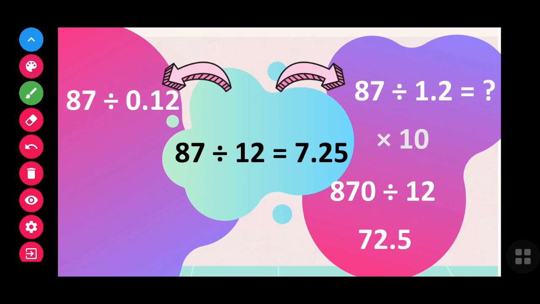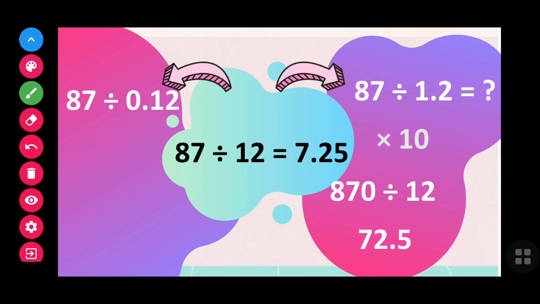So we will get 72.5 because we had to multiply this by 10. The answer also has that multiplication of 10. So it went one number backward. So that sum is done.